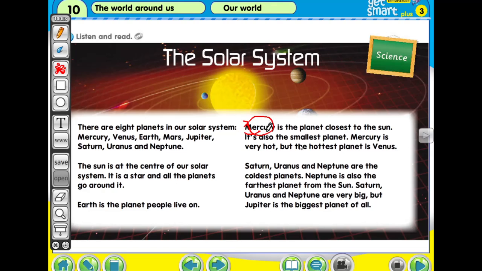Mercury is the planet closest to the Sun. How to ask? We will ask, which is the closest planet to the Sun? It's Mercury.